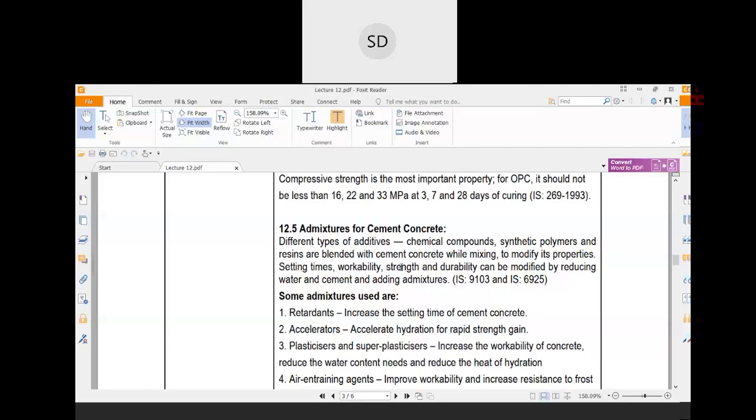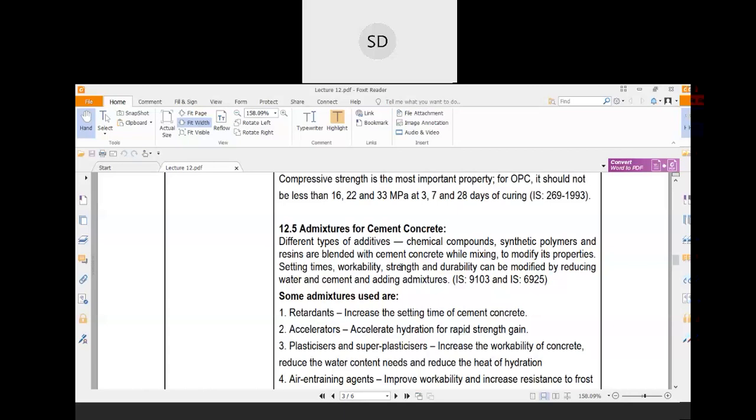Now why is water added? Because water enables the hydration process, and for hydration a lot of water is required. Whenever you add water, the strength of the cement builds up, but as soon as you increase the amount of water beyond the required amount, the strength will decrease.